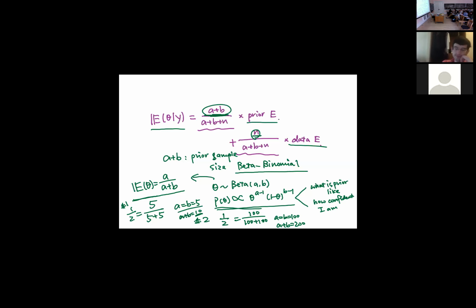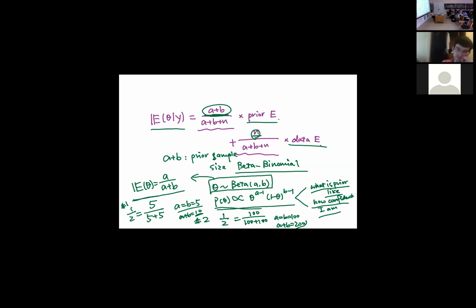Okay, so starting from now, since we have all of the background and set up together, for any prior that we put on, we should not only think about how it's going to represent our belief, but also about what the prior sample size is.